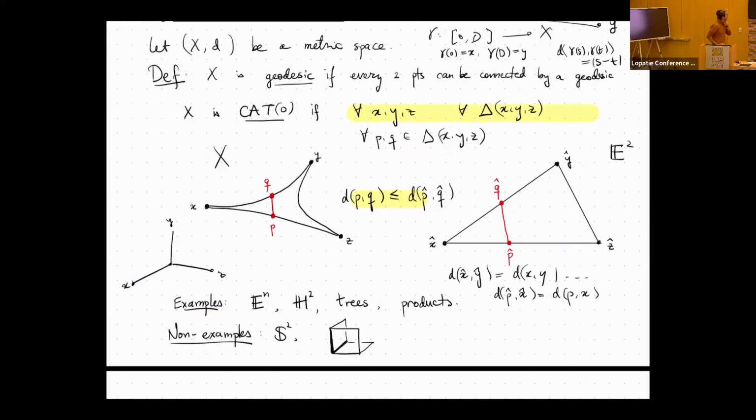And maybe another example is the corner of a cube, again with the intrinsic metric. In general, for every triple of numbers that satisfy the triangle inequality, there exists a Euclidean triangle with the same edge lengths. This is just an exaggerated picture of that. So if you were happy with before.